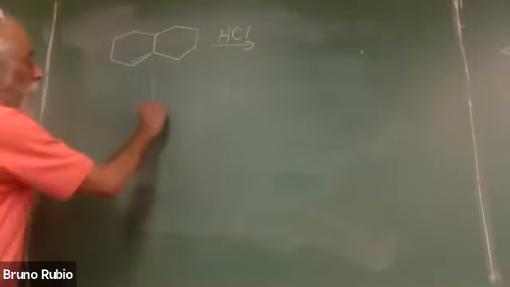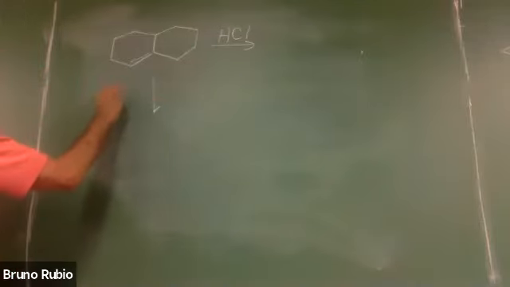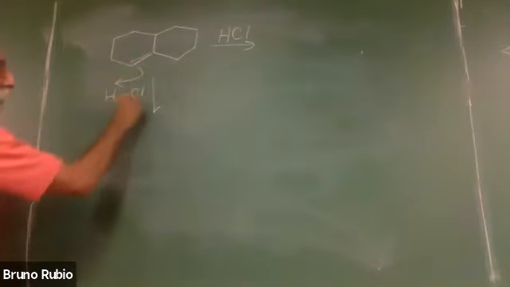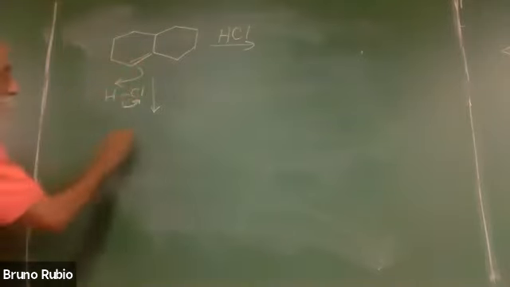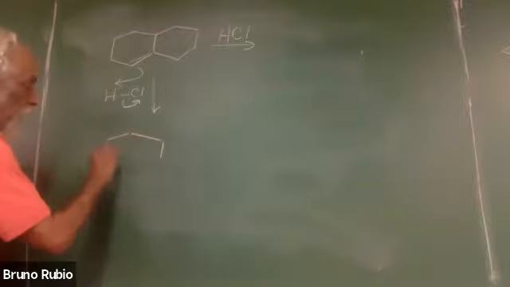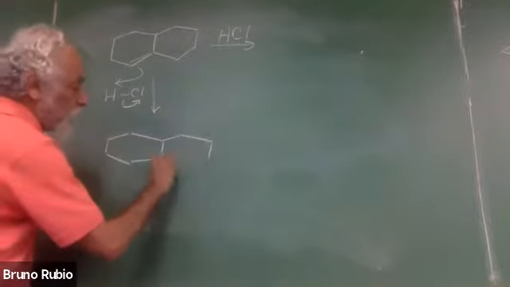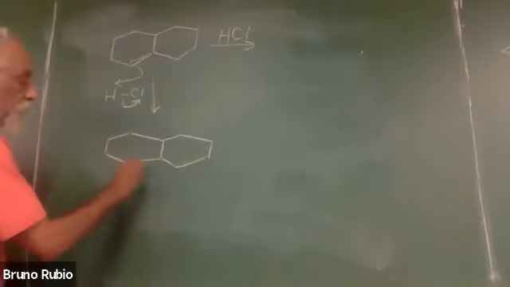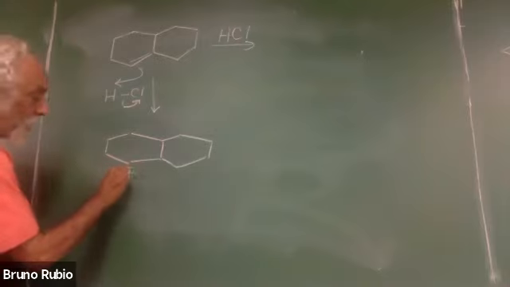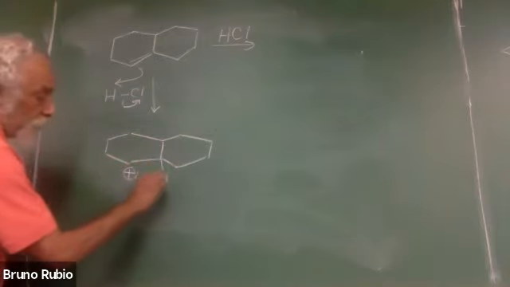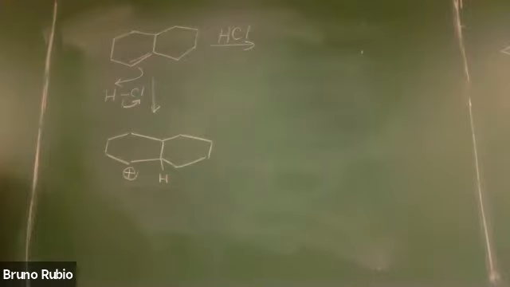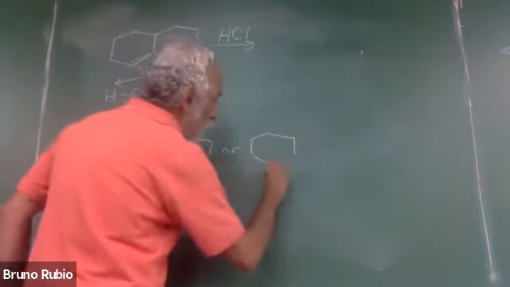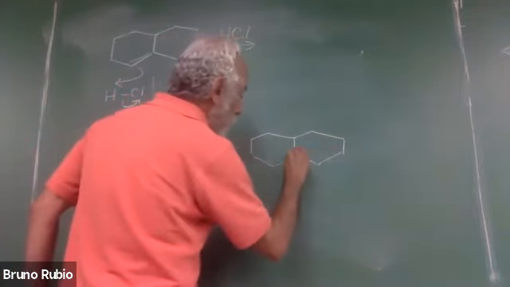So we could have the double bond attacking the H end of HCl. But in this case, we're going to get two different options depending on where that carbocationic center is going to form. It could either form there, and the proton went on this carbon here on the right, or we could switch up.